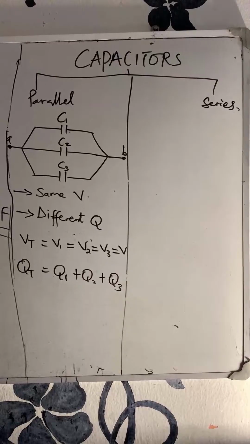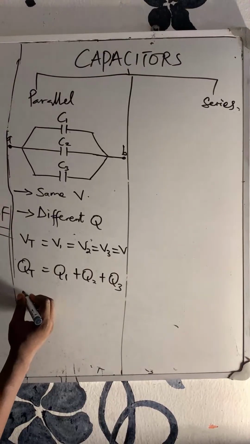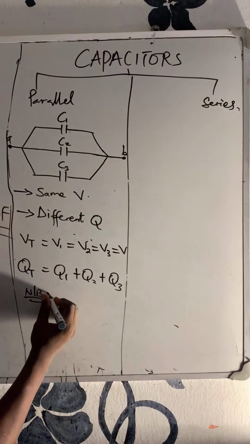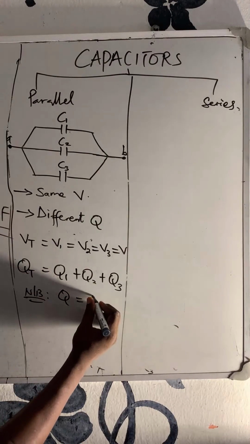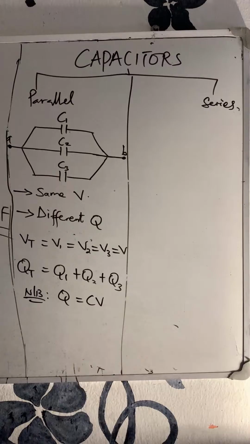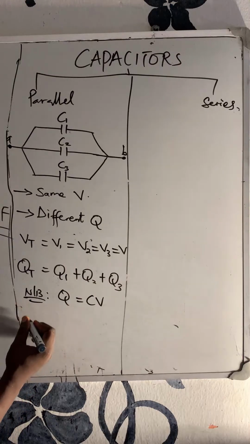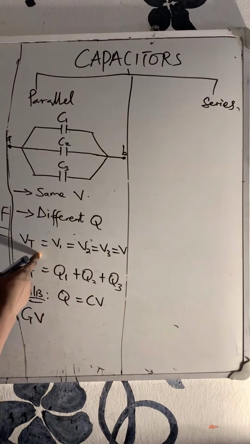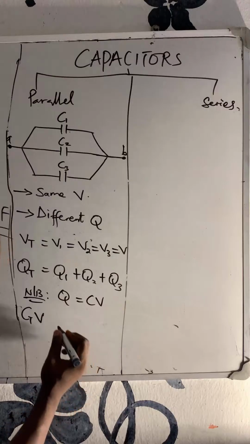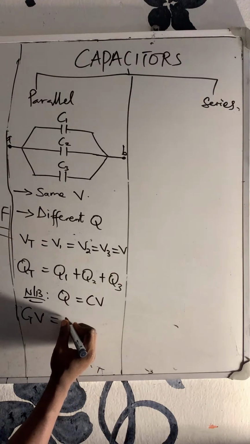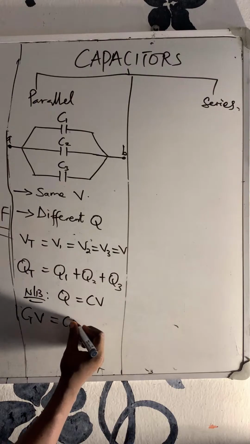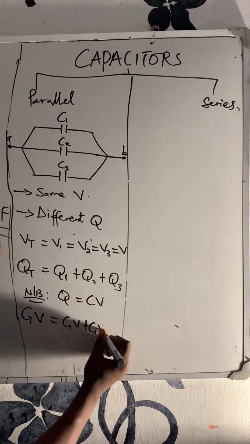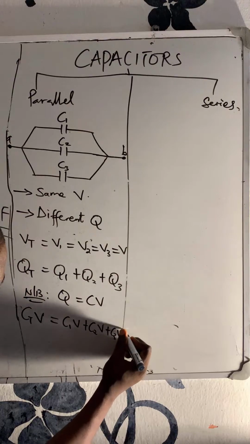Note that Q is equal to CV. So our Q total, instead of putting QT, you just put C total V, since the voltage is the same. V total is either V1, V2, or V3. So it becomes C1V plus C2V plus C3V.